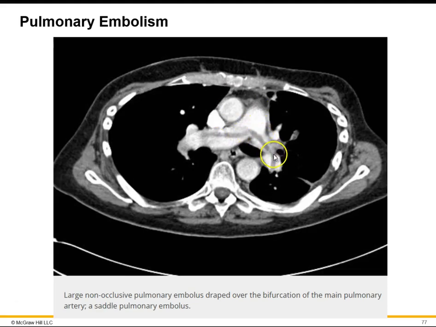And here you can see this black hypodensity. This is the clot. This is the blood clot. And so it's lodged right here at the bifurcation of the pulmonary arteries. And this can be a really big problem if it develops to the point that it occludes or blocks blood flow to the lungs.